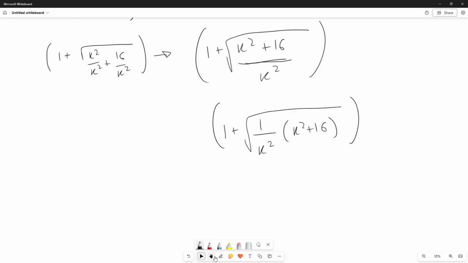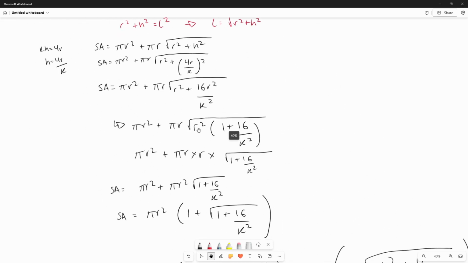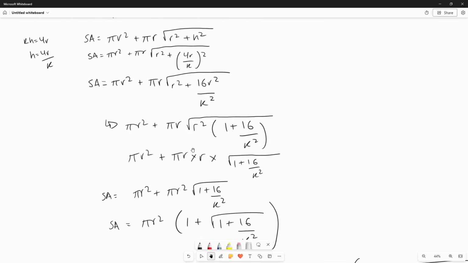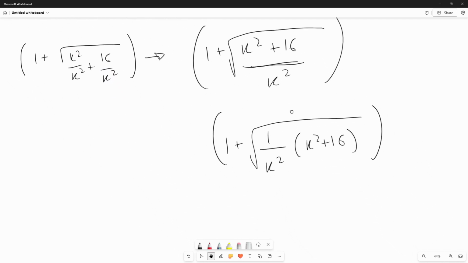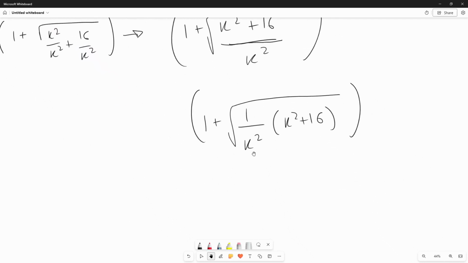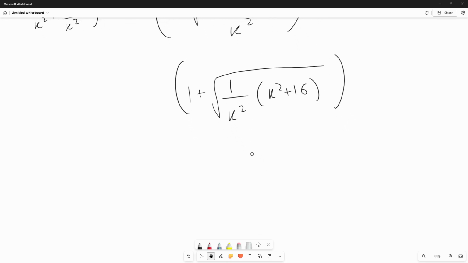And just as we did over here with the r squared, as in we removed it and then we square rooted it and we brought it outside the square root function, we can do the same over here. The square root of 1 over k squared will be 1 over k, because the square root of 1 is 1 and the square root of k squared is just k.